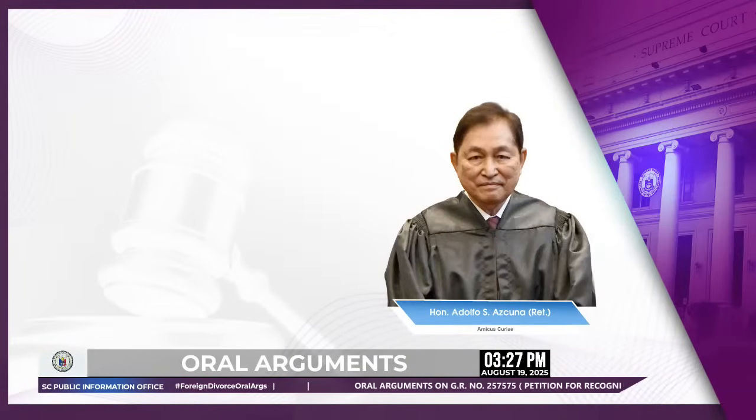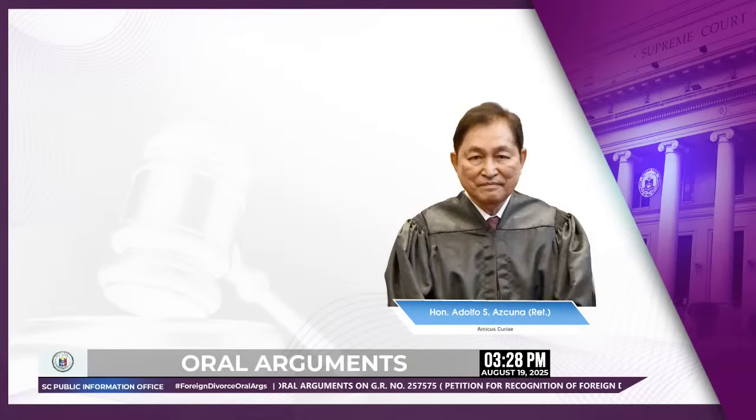That was the model that Justice Romero followed and recommended to President Aquino, and that is what is found in Article 26, Paragraph 2. The essential requisite is mixed marriage. It has to be between a Filipino and a foreigner because it's an exception to the rule.